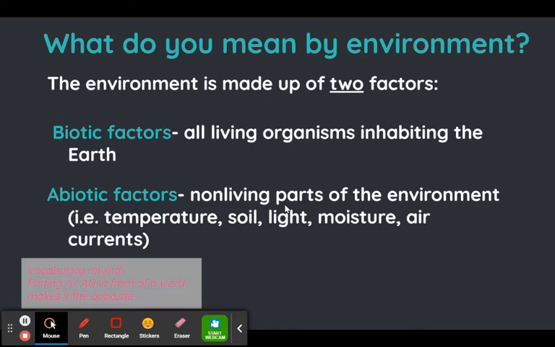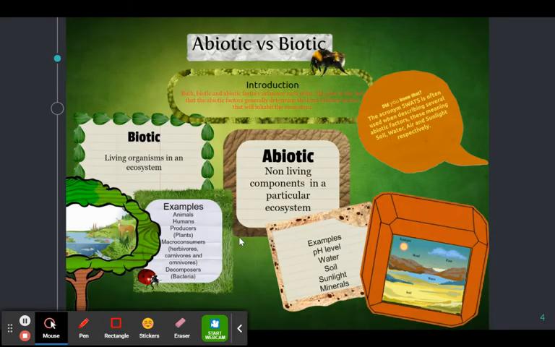And remember, throughout this course, you've learned that oftentimes in biology, we put an A or an N in front of a word and it turns it into its opposite word. So bio means living thing. Biotic factors are all of the organisms that inhabit Earth. Abiotic factors are all of the non living parts of the environment, soil, rocks, things like that.